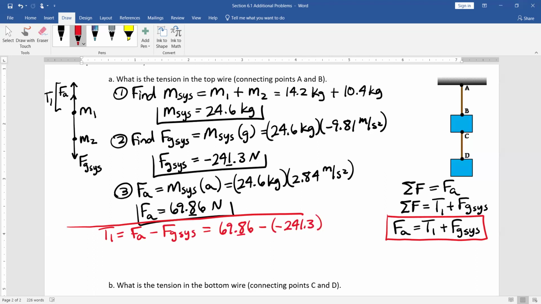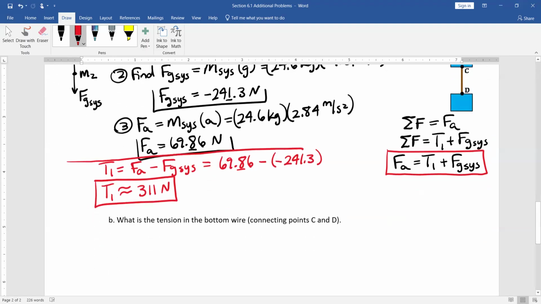So I'm adding these two together. That means my tension is 310 and some change, so approximately 311 newtons. And that is the tension in that top wire from point A to point B.